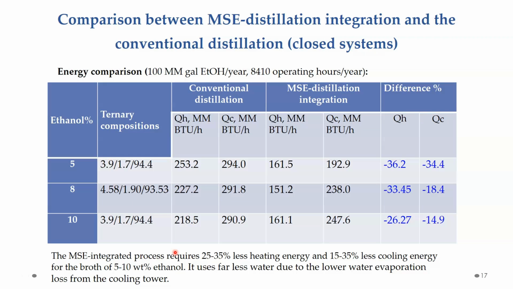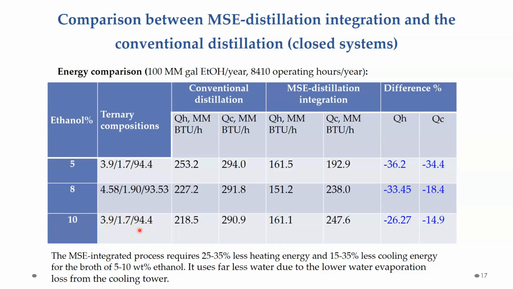For the conventional distillation, the heating and cooling energy increase with the decreasing ethanol percent. For the MSE process, the heating energy consumption for different ethanol concentrations here and here are almost the same, assuming the same ternary composition.